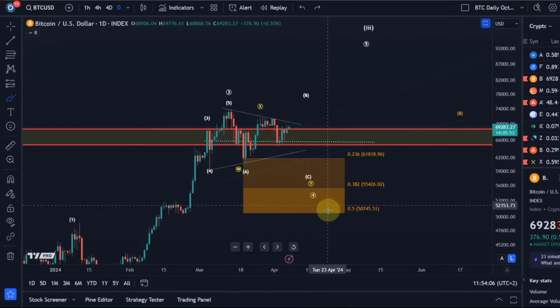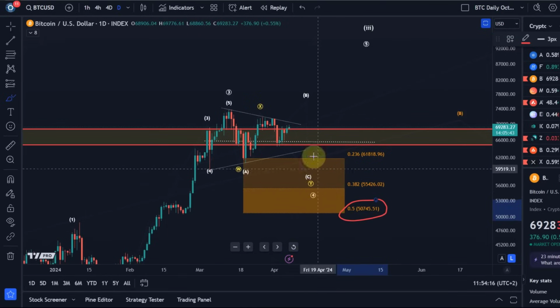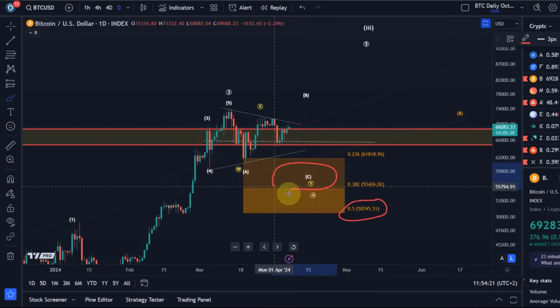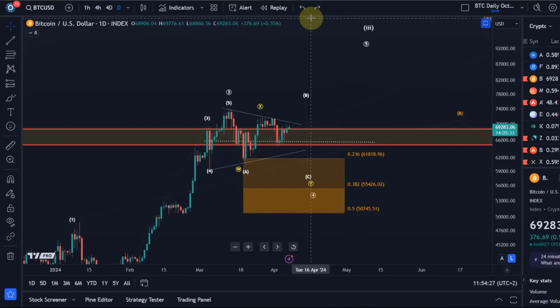We have to technically give the correction space down to 50.7K, even though I have a hard time, let's say, believing it would come down to the 50% fib level, but I could see possibly the range between around 59K and 55K to be tested before the correction is over. So it's quite a bullish assessment. That's not bearish at all. I'm just highlighting here, first of all, the risk. So we just have to give it more space if the market needs that space to continue the correction.